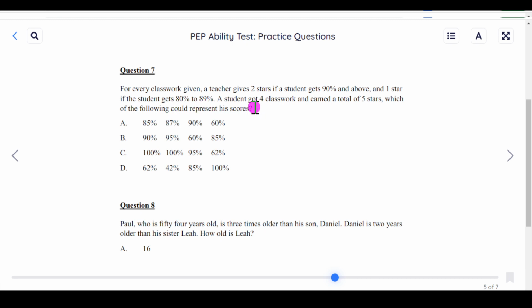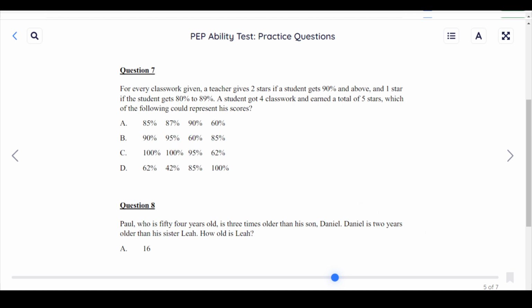A student got 4 classwork and earned a total of 5 stars. Which of the following sets of scores could represent that particular student?